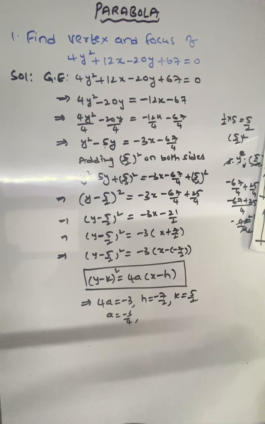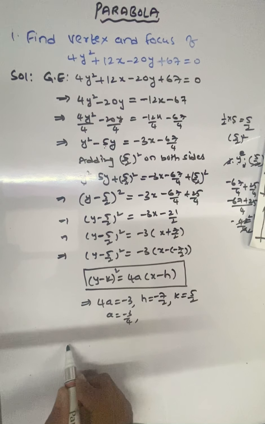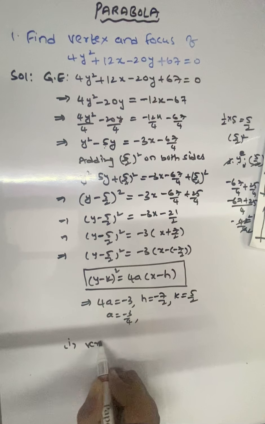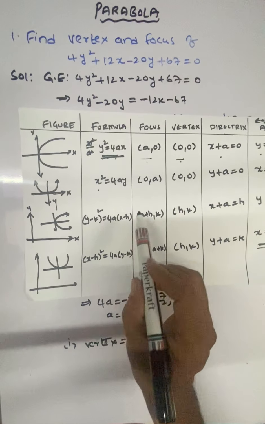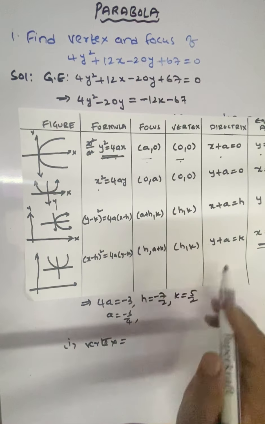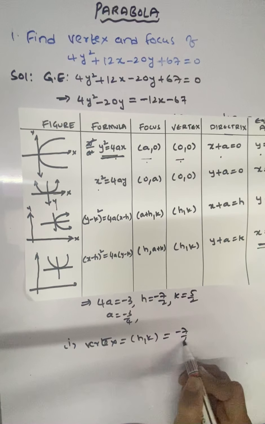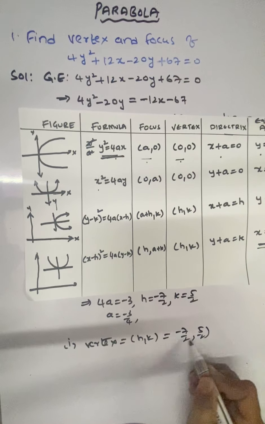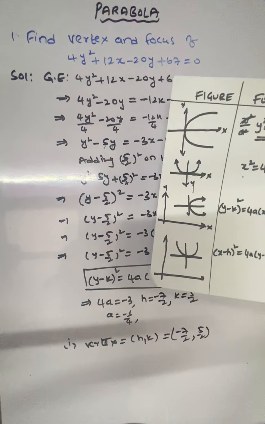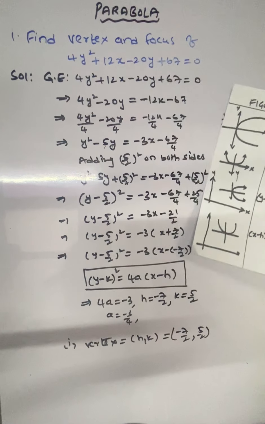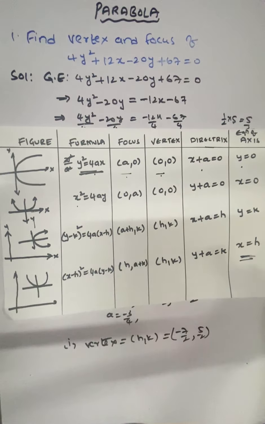h and k values. What do we need to find? Vertex and focus. So we should write the vertex formula. What is the formula for the vertex here? Vertex is h comma k, that equals minus 7 by 2 comma 5 by 2. And after the vertex, what do we have next? Focus. The formula for focus in this case is a plus h comma k.